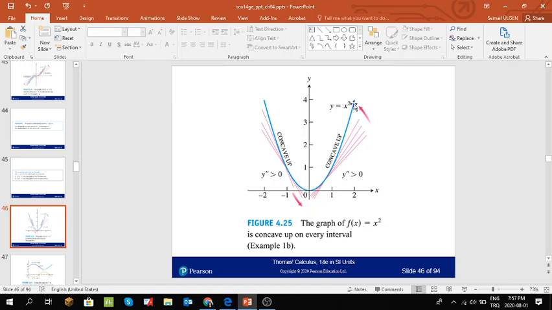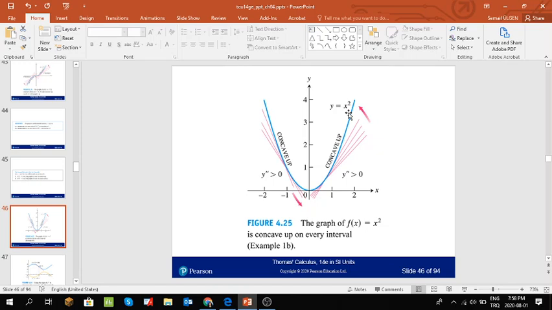Let's consider example 1b in our book. Consider the graph y equals x squared. Take the second derivative of x squared: the first derivative is 2x, the second derivative is 2.